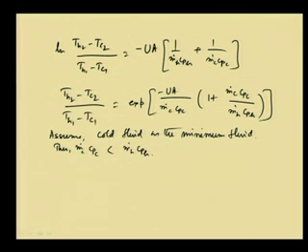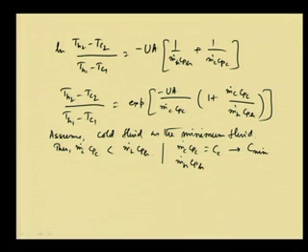We write m dot c Cpc as capital Cc, in this case the C minimum fluid, and m dot h Cph as capital Ch.